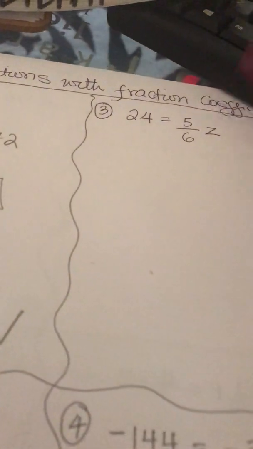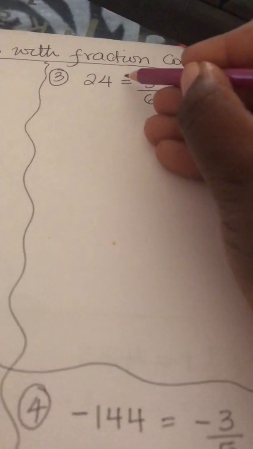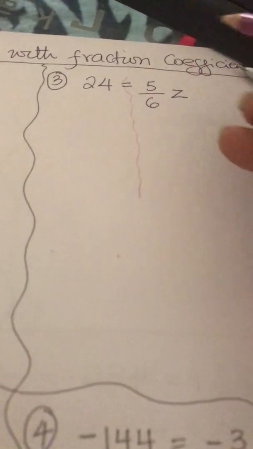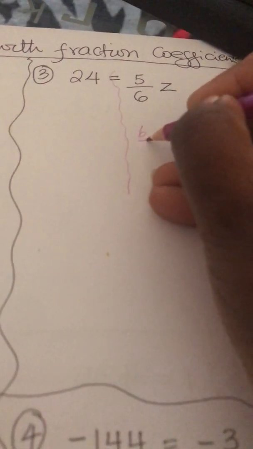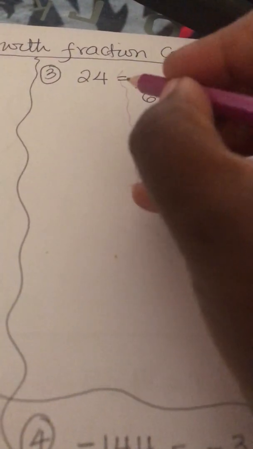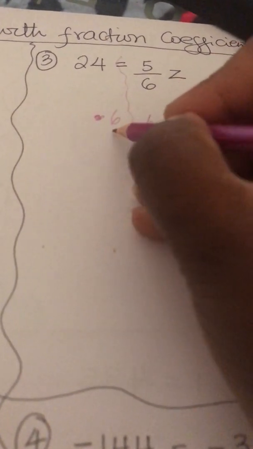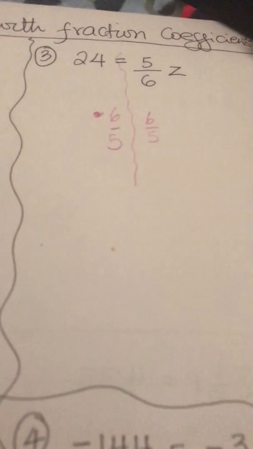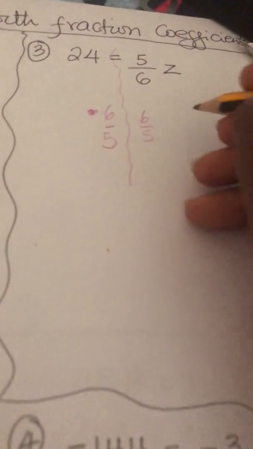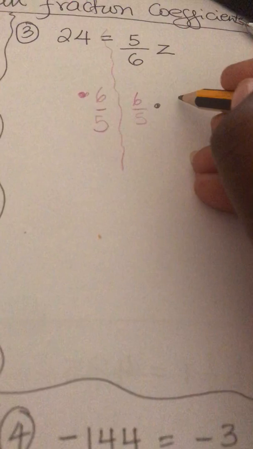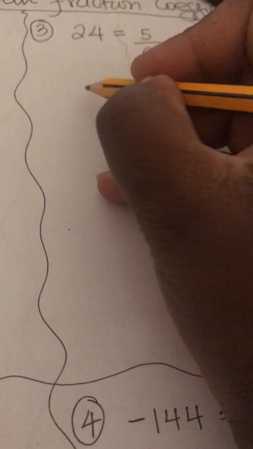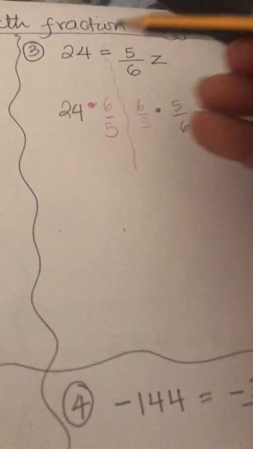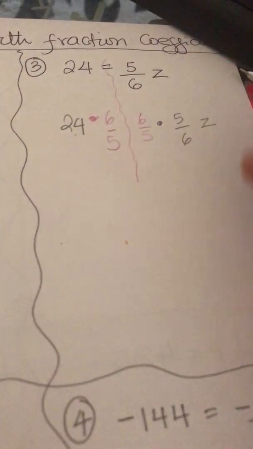So, again, I look over here, I draw my bridge, I write my multiplicative inverse, 6/5, and on this side, multiply by 6/5. Then I write my question down, multiply by 5/6 z, and here multiplied by 24 from the question.